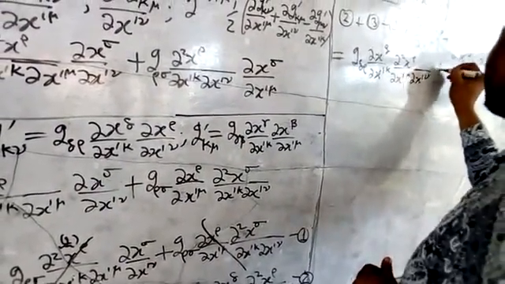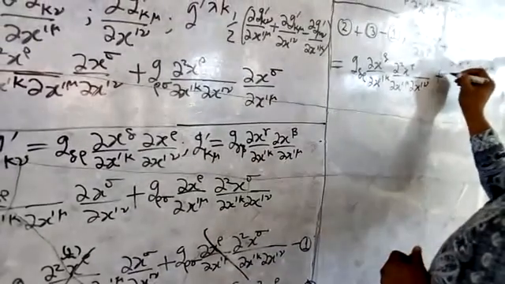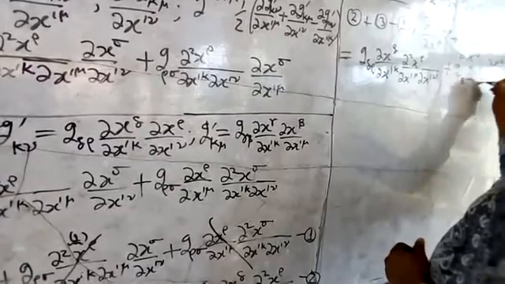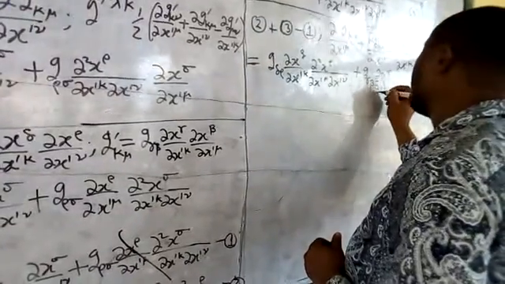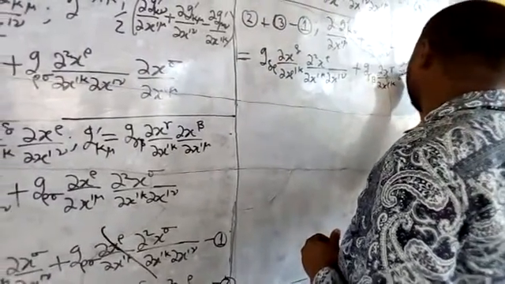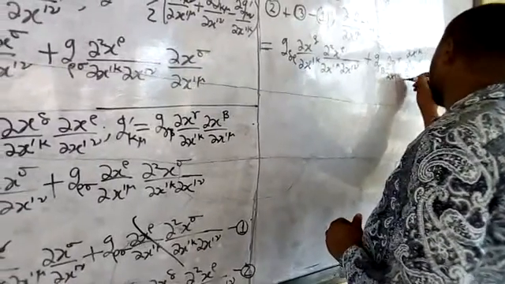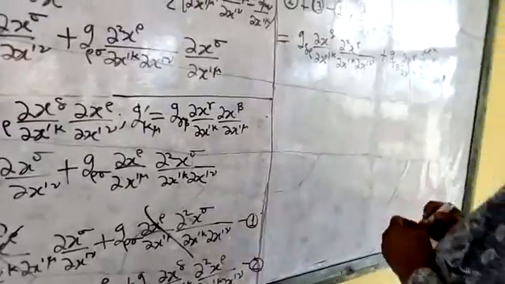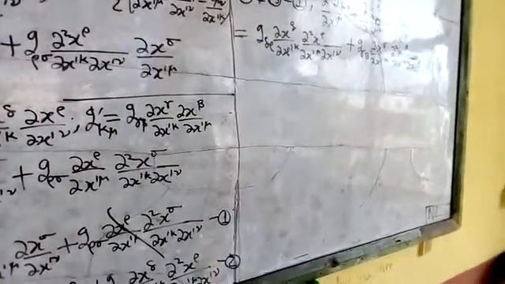And I'm left also with plus g gamma beta, the x gamma, the x prime k, the 2x beta, the x prime nu, the x prime mu. Okay, so that's it for the inhomogeneous terms.